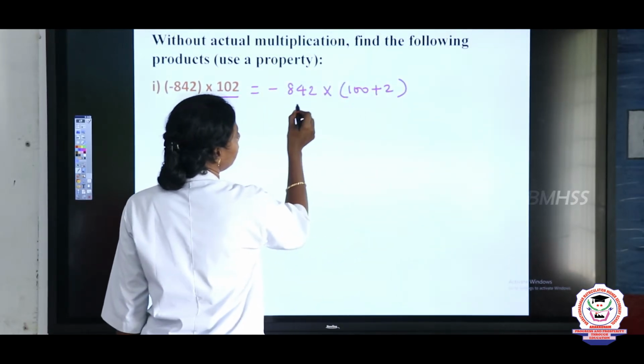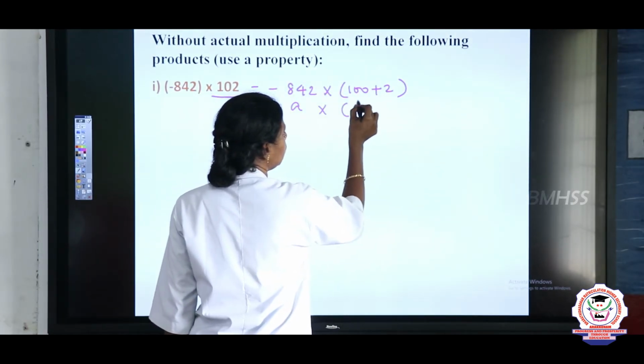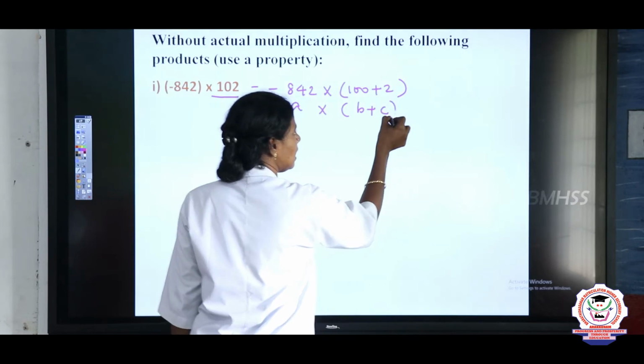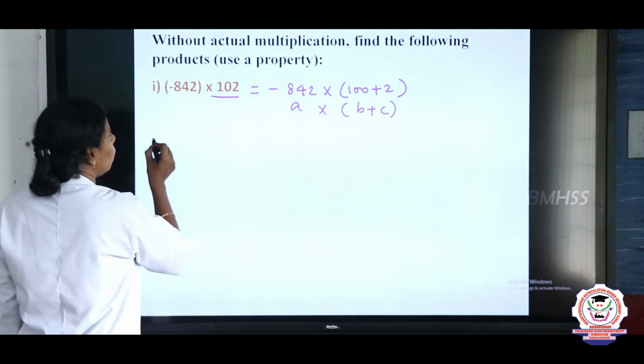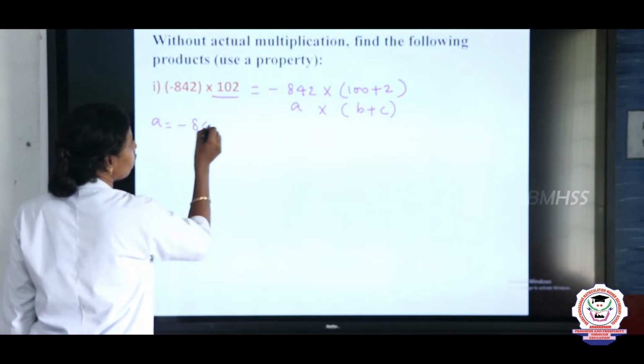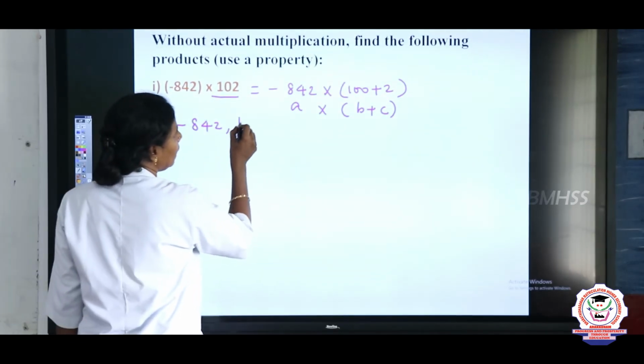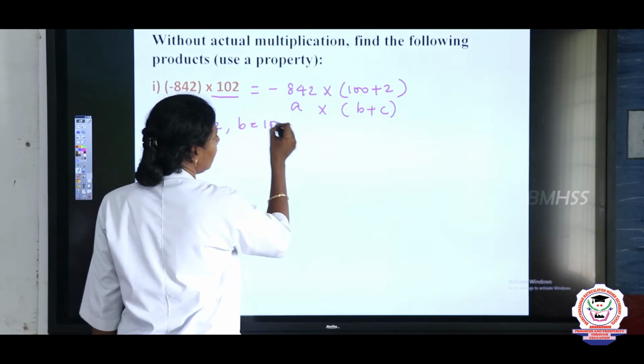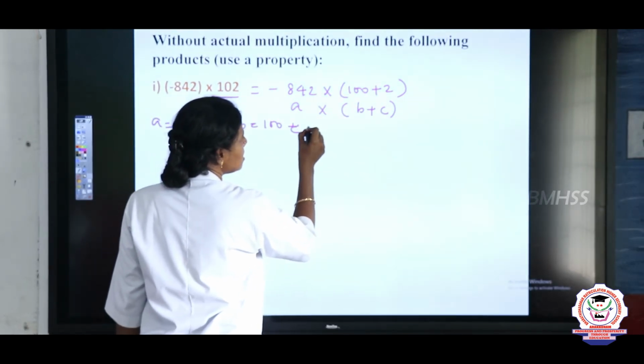So, now the given question is in the form of A into B plus C. What is the A value here? A equals minus 842 and B is 100 and C is 2.